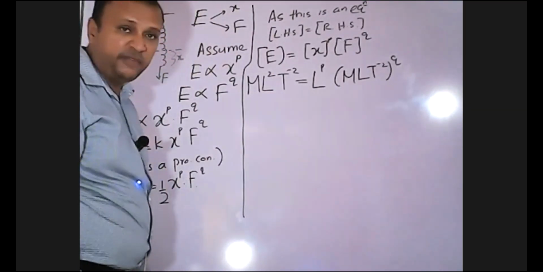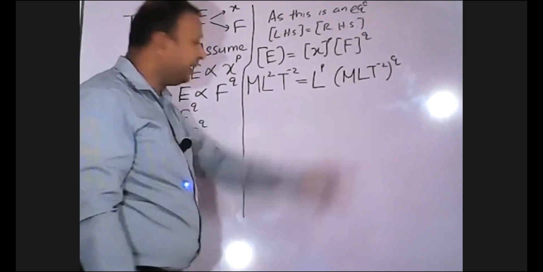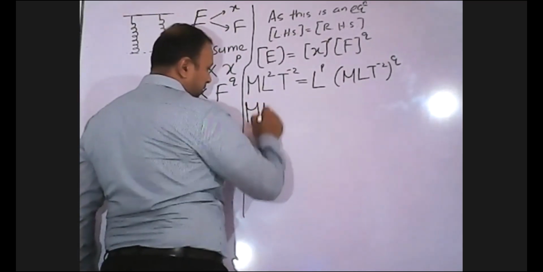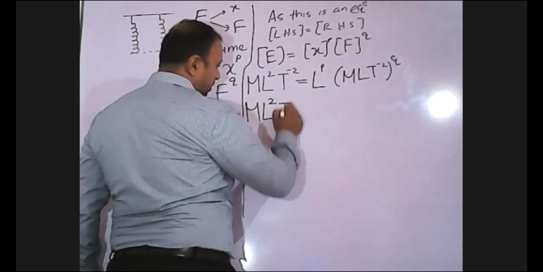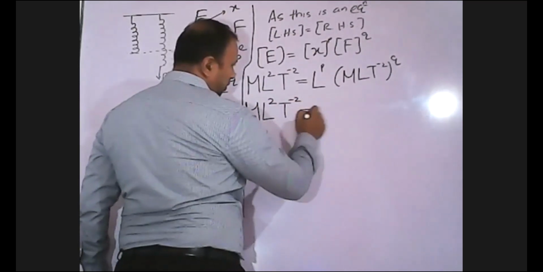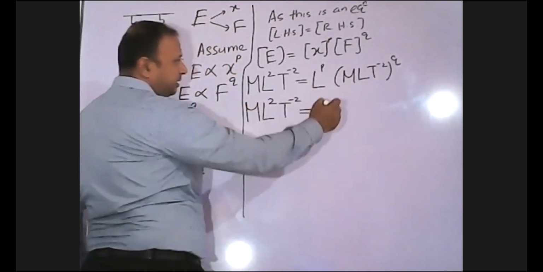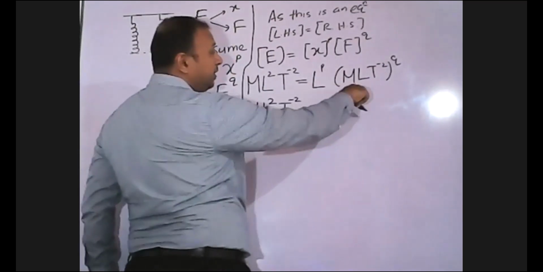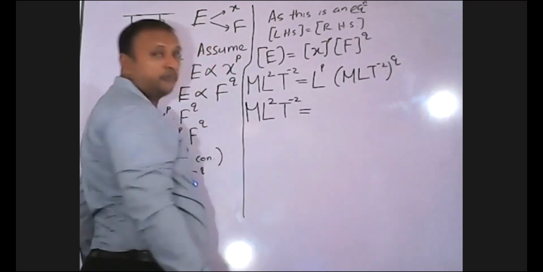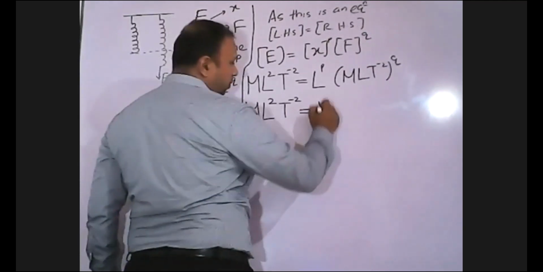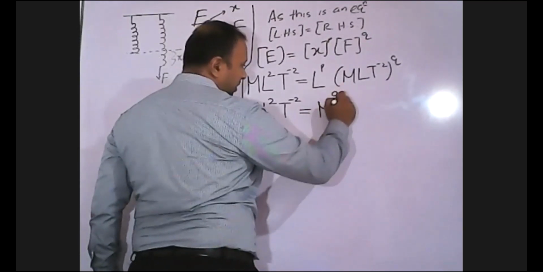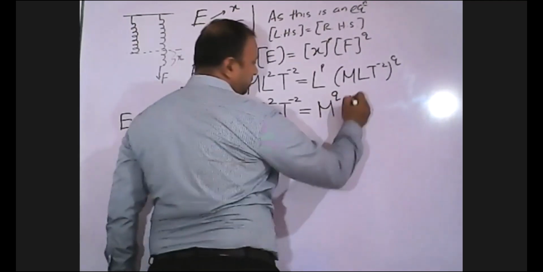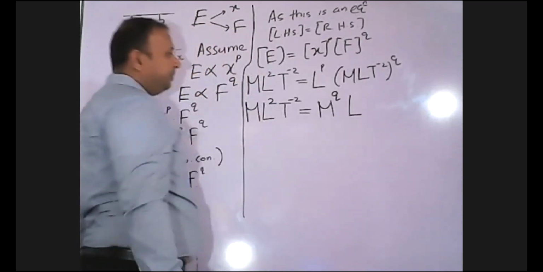After that, you have to simplify this one and write it in terms of M, L, T. In here, ML^2T^-2. So here, M to the power q. Then L. What is the power of L here?